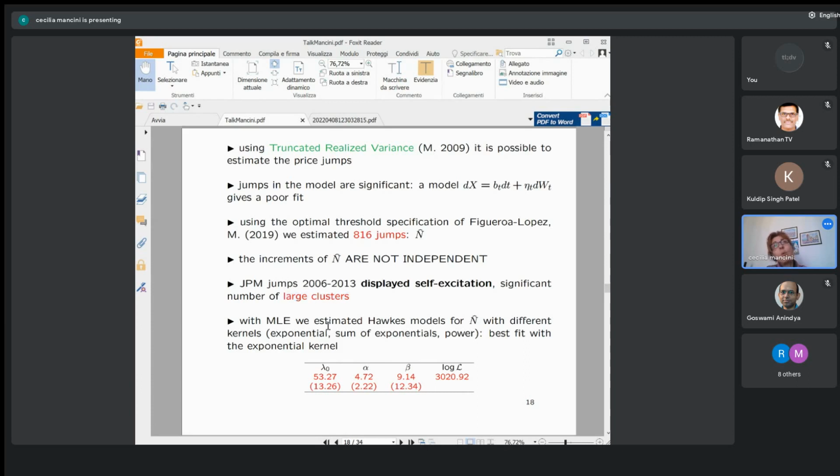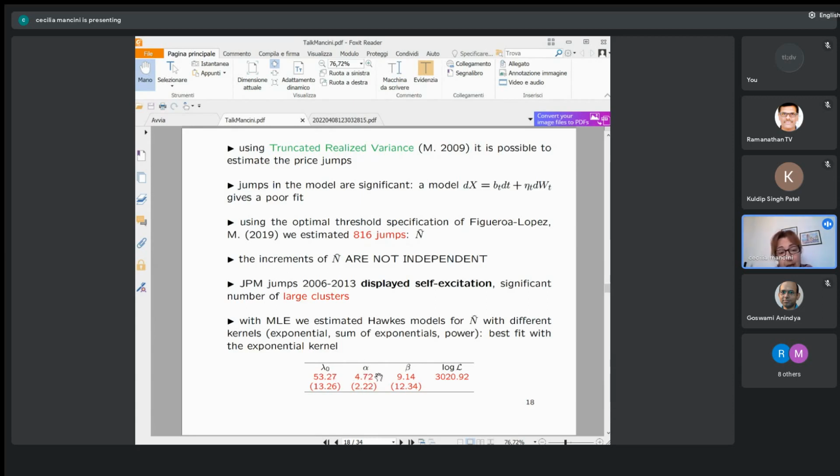So we guessed that a Hawkes model was proper to fit the jump times. We estimated different types of Hawkes processes to hat n: exponential kernel, sum of exponentials as kernel, power kernel. And we found that the best fit was given by the exponential kernel with only one exponential function, the one I've shown you in the initial drawing of the lambda.